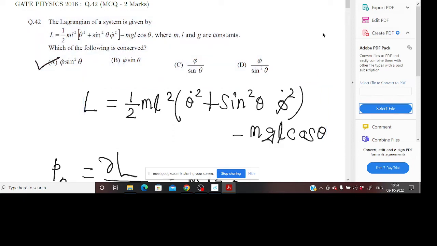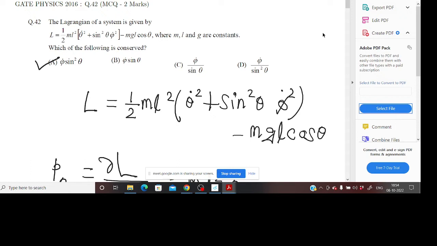Okay, so this was the question. Here the Lagrangian is a function of theta and phi, right? So Lagrangian is equal to half into m L square into theta dot square plus sine square theta into phi dot square minus mgl cos theta, where m, L and g are constants.